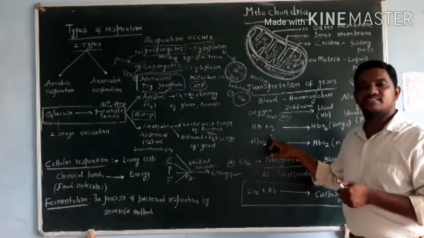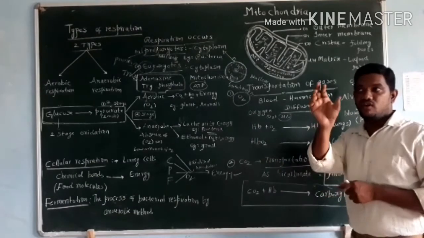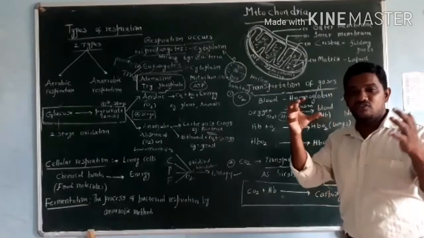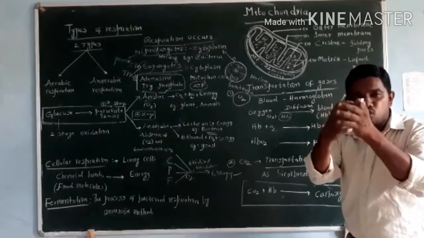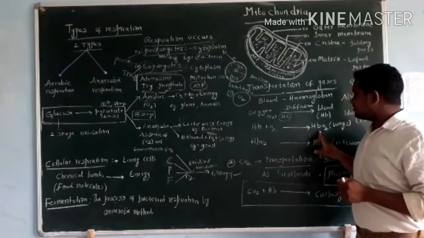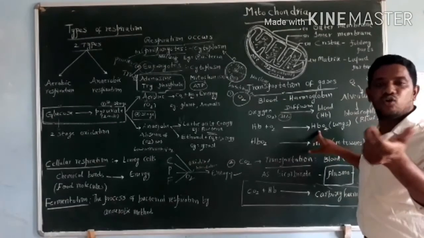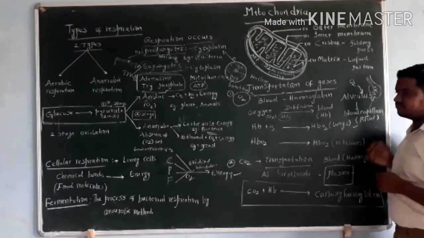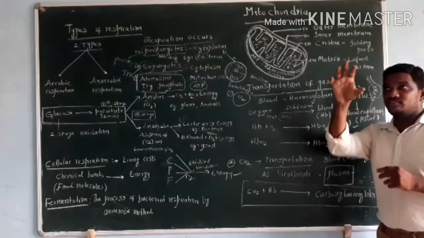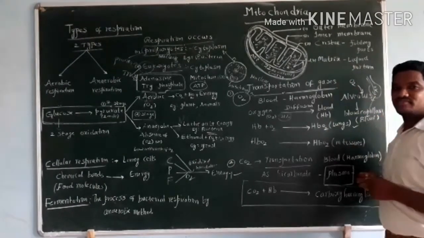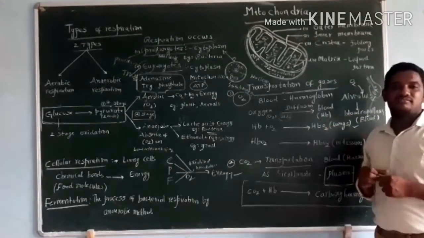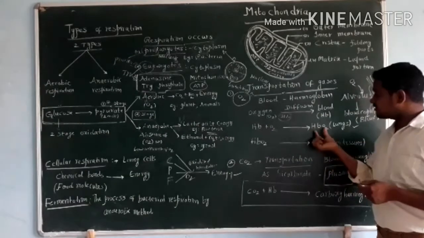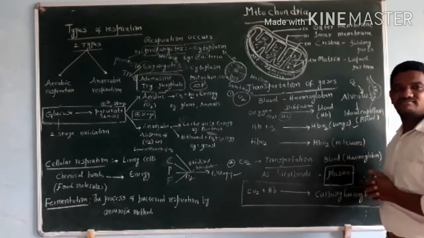See, hemoglobin plus oxygen. When oxygen molecules diffuse into the blood, they combine with hemoglobin, which forms oxyhemoglobin in the lungs. This is very important.